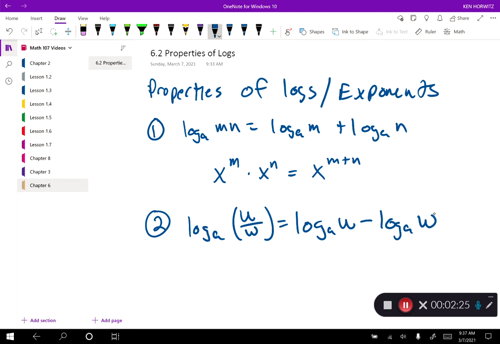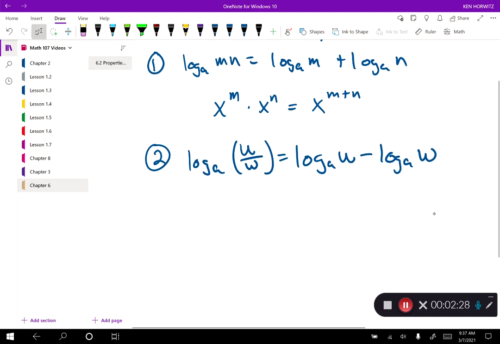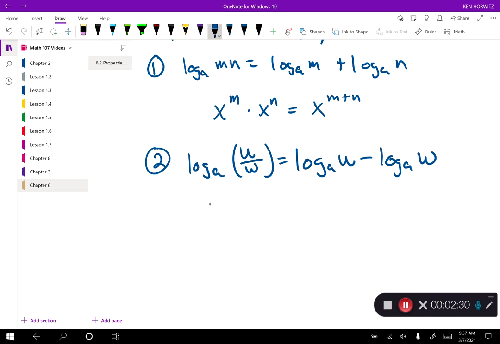Now there is a similar property with exponents that says x to the m power over x to the n power equals x to the m minus n power. Not exactly the same, but like I said, fairly similar.